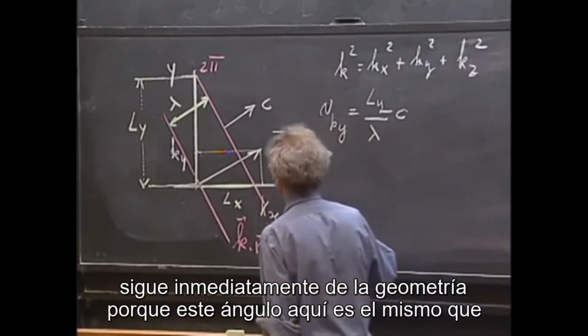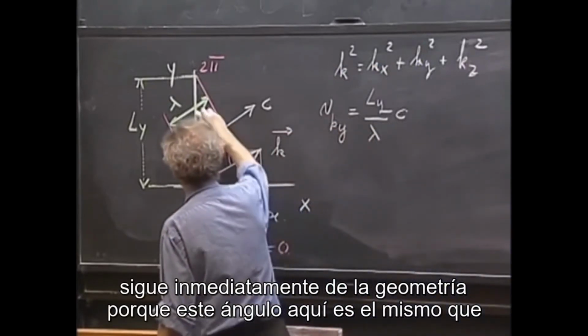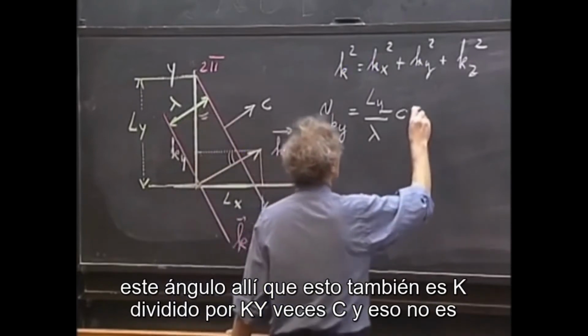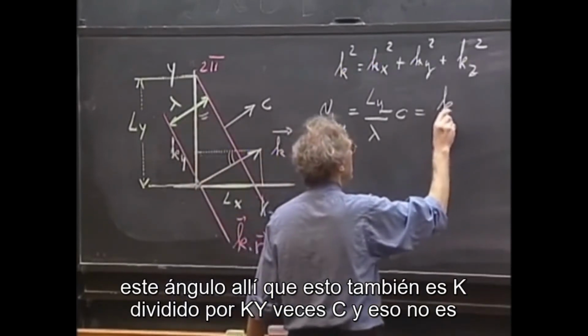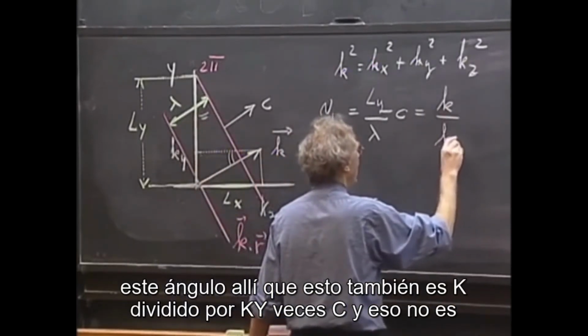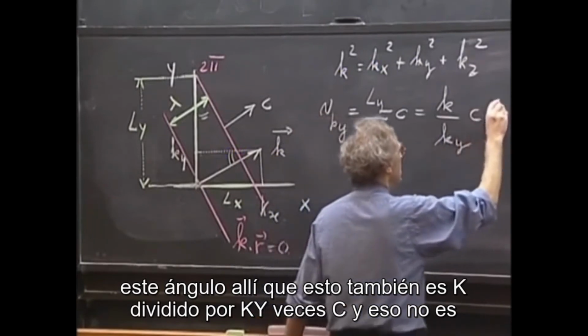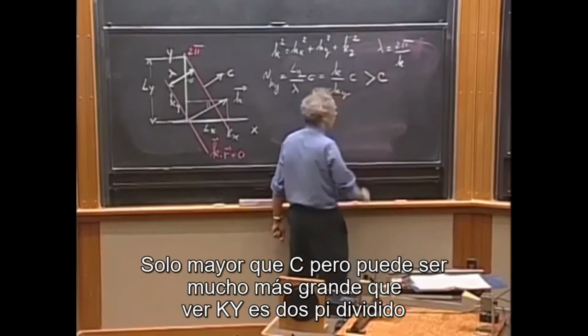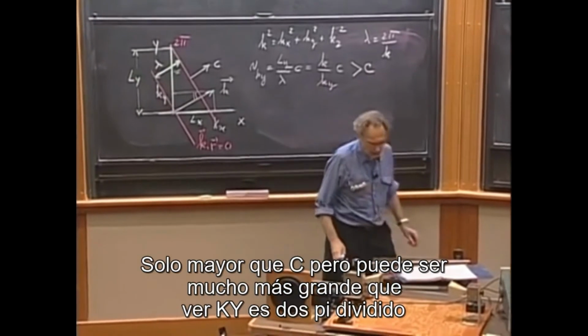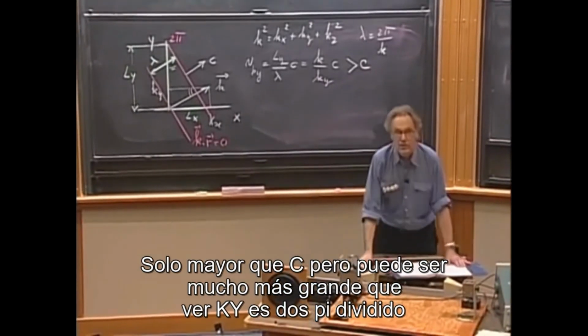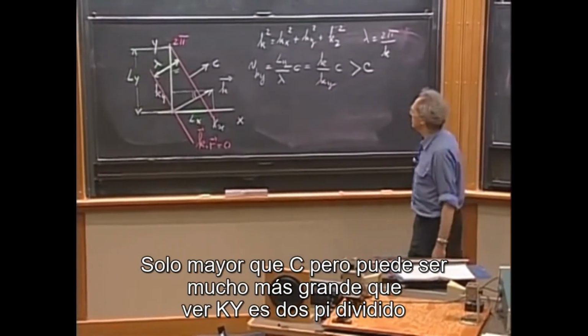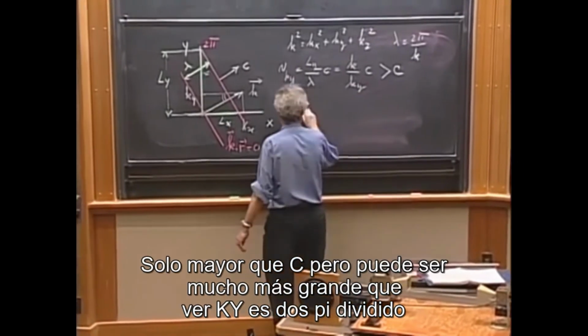And that is larger than c. It follows immediately from the geometry, because this angle here is the same as this angle there, that this is also k divided by ky times c. And that is not only larger than c, but it can be way larger than c.